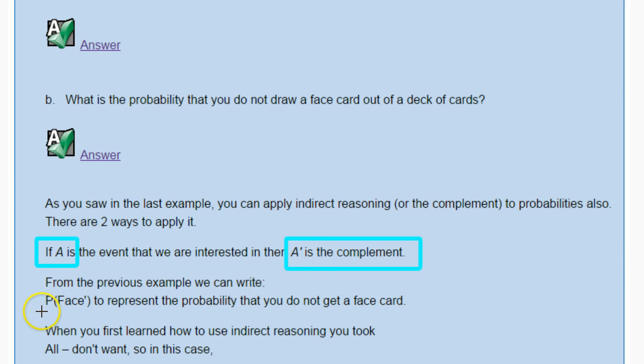So the probability of face prime, that would mean the probability of not drawing a face card, is the complement to the probability of drawing that face card. So we're looking to find out what all of the events are and subtract the events that we don't want. So the events we don't want are drawing a face card.